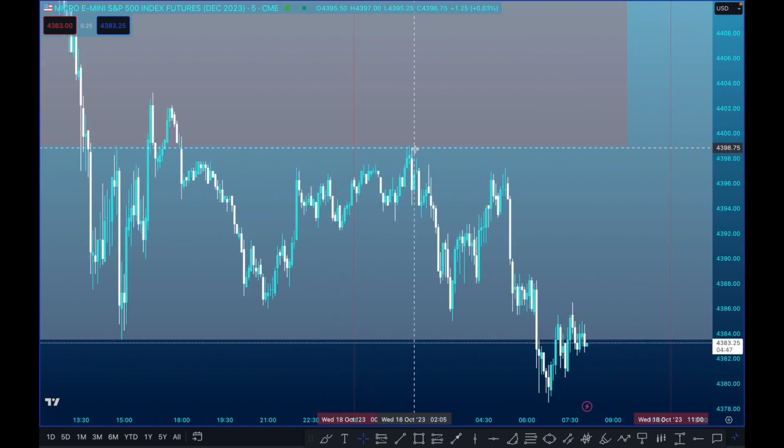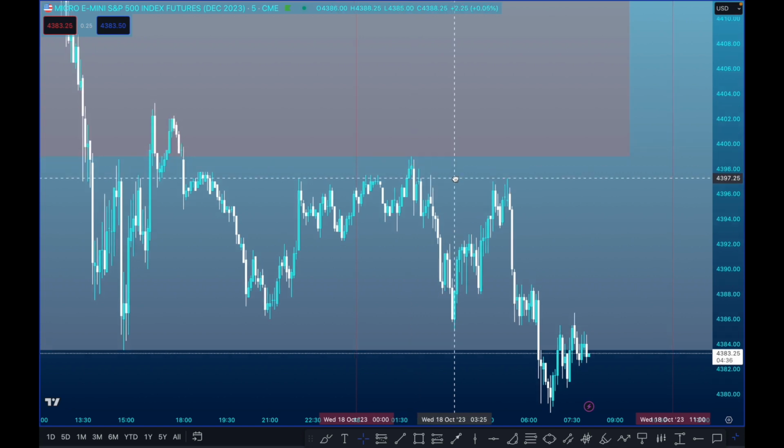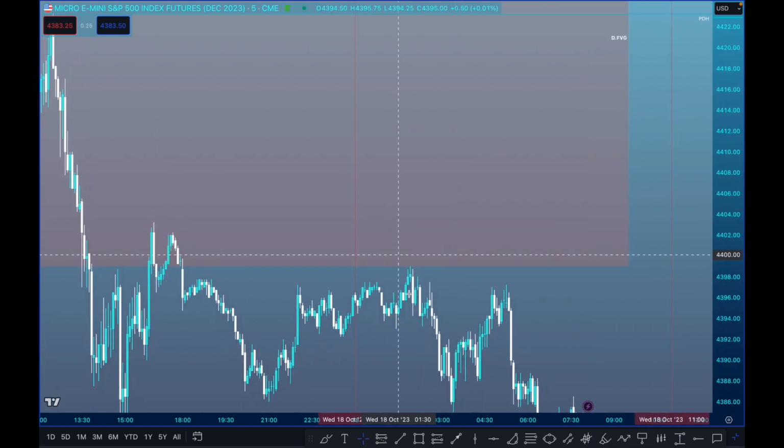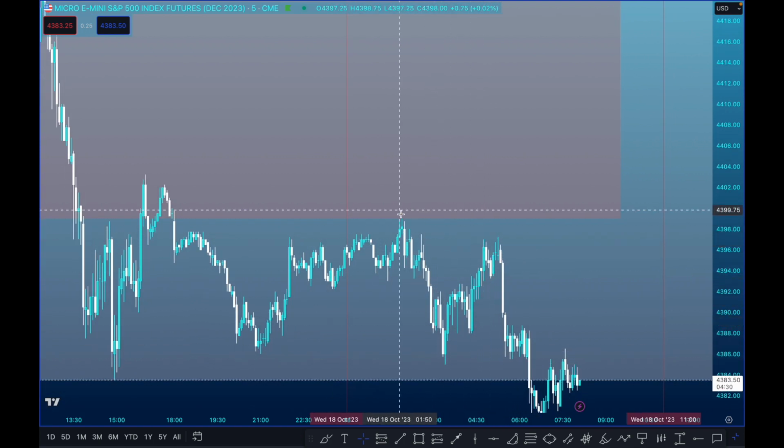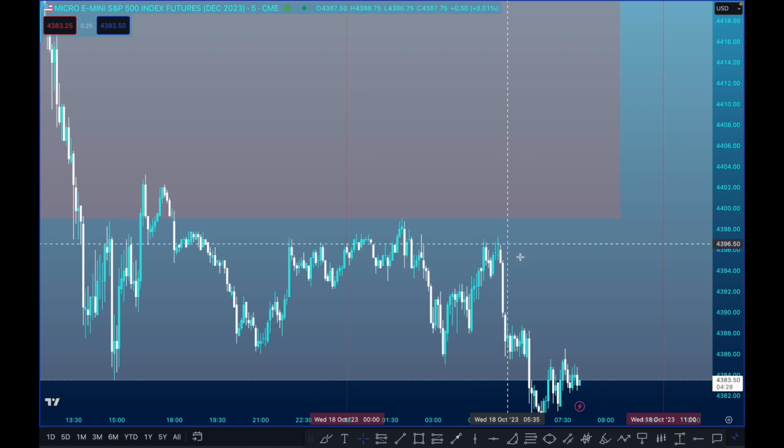Okay, and if we just look at this one candlestick here, which was printed at 1:55 a.m. New York time, we can see how it just literally wicked the top of that daily fair value gap and then rejected from there. Okay, then we have a lower high just up here.